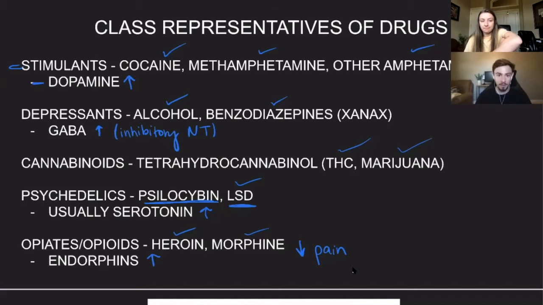Right. But what we have put are going to be the ones that you should be concerned with. They're the ones that are most impacted. They're what the results or the behavior from taking these drugs is usually elicited from. And so this would be the high yield neurotransmitter that you would need to know.